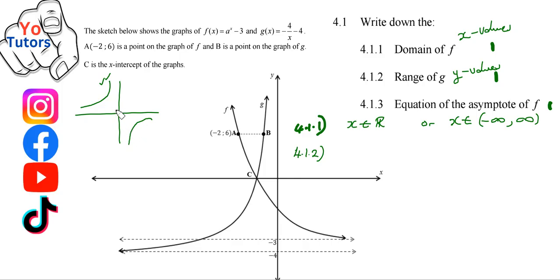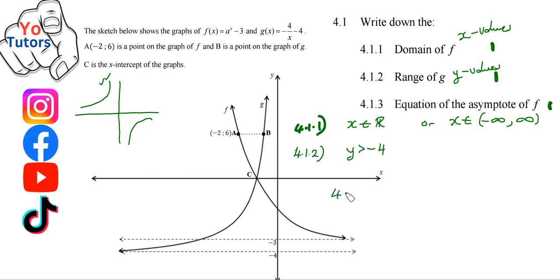You give the range of what is present on the diagram. What is present is one part of the graph, and the range in this case will be above -4, because you can see that this is the asymptote. The asymptote for this graph is -4, and the graph can occupy values above -4. So that's the answer for that.